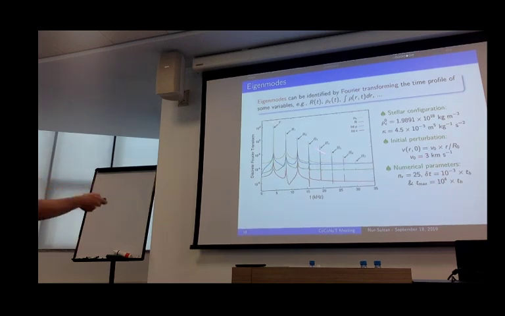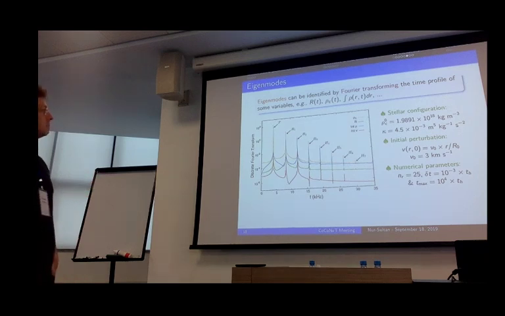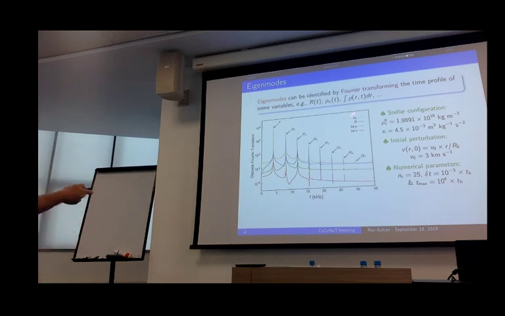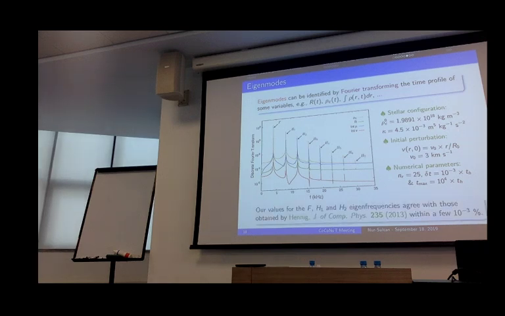So different oscillation modes are excited, and all the different Fourier transforms give the same results, which is nice, as expected. And we also checked that the different eigenfrequencies that we obtain are in agreement with those from the previous work.